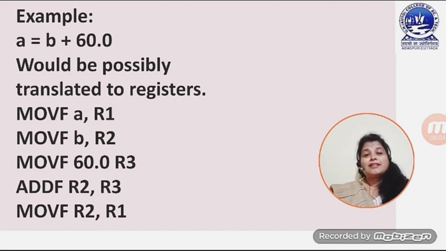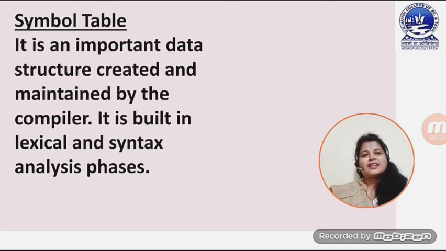Then next we are adding R2 and R3. It means B plus 60.0, which is stored in R2, and at the end we are just transferring the value of R2, which is the intermediate result, to the final variable, that is R1 or A. In this way it will generate the target code.